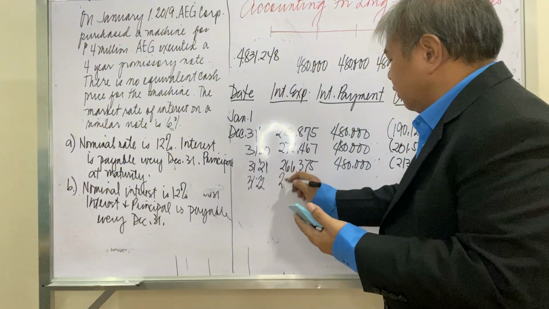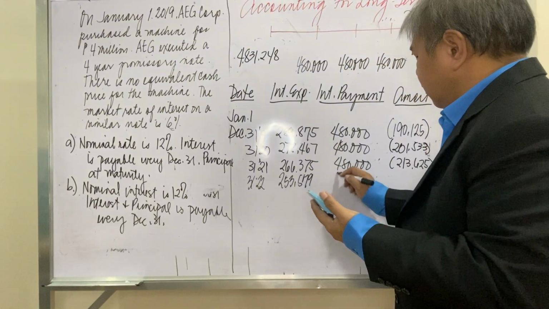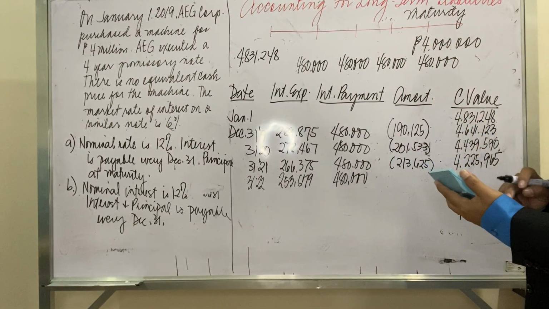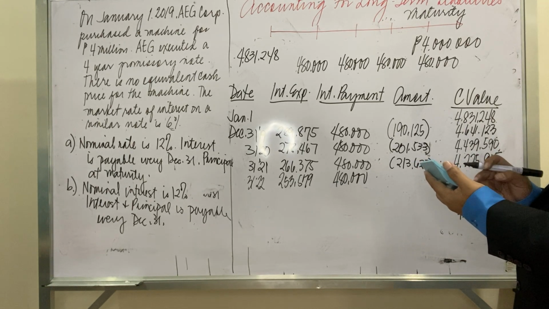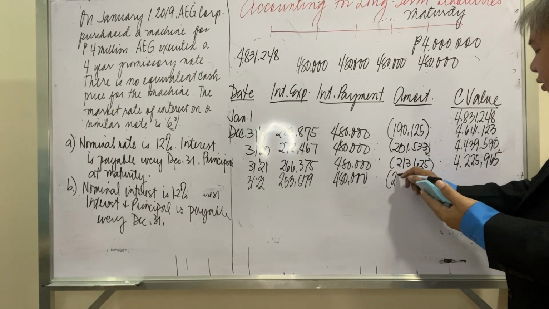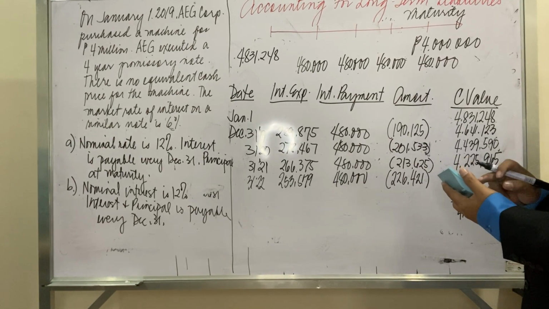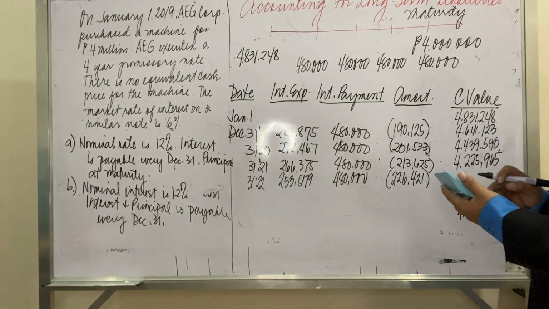Okay, and then the last one, December 31, 2022, times 0.06. So this is 253,579 less 480,000. It's 226,421. Okay, so there's a slight difference: 4,225,965 less 226,421.